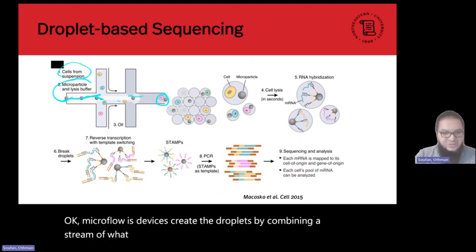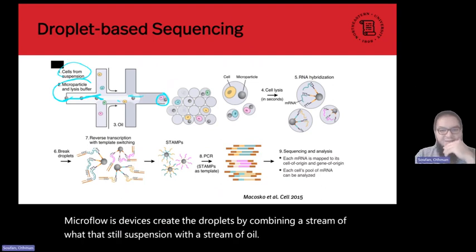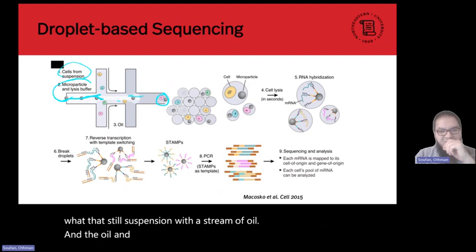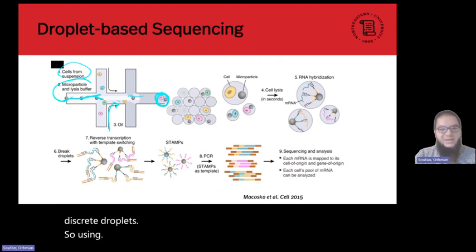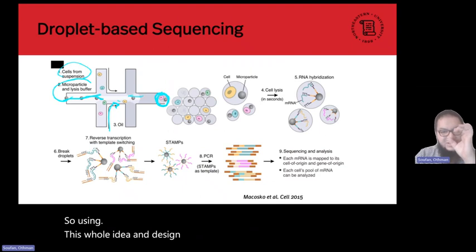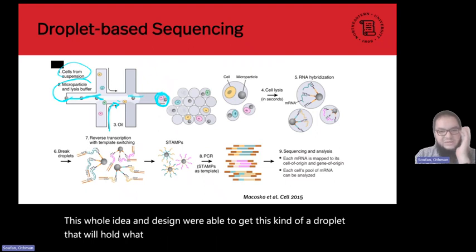The cell suspension with a stream of oil. And the oil and water do not mix. This allows for the formation of discrete droplets. So using this whole idea and design, we're able to get this kind of a droplet that will hold what? The information of a single cell.